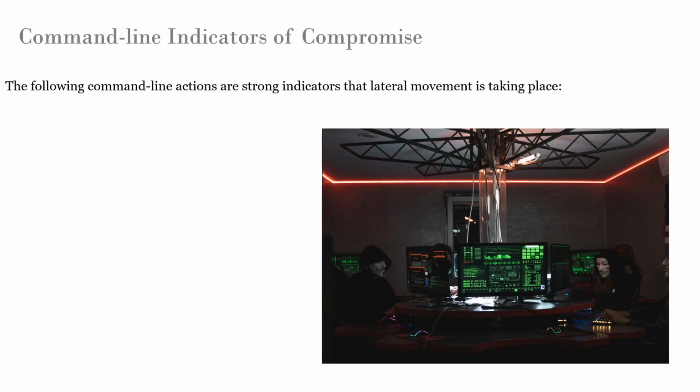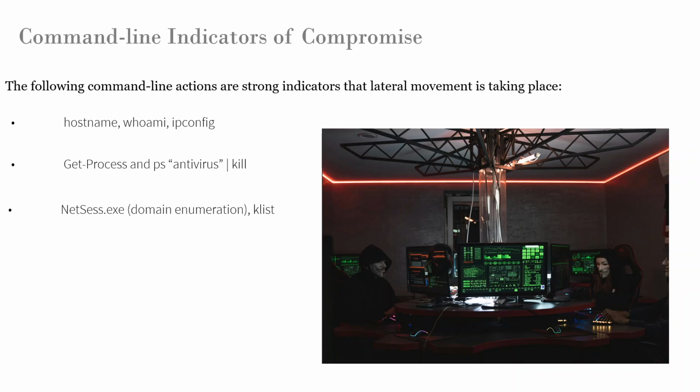Command line indicators of compromise. The following command line actions are strong indicators that lateral movement is taking place. If you see commands like hostname, whoami, ipconfig, these are telltale signs of network reconnaissance. Get-Process or ps with antivirus kill, they're trying to disable antivirus.